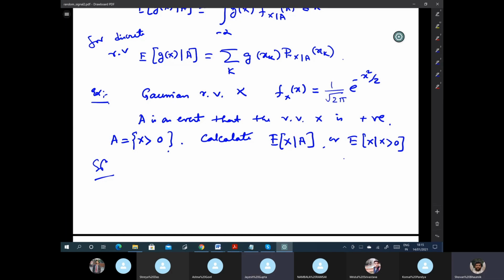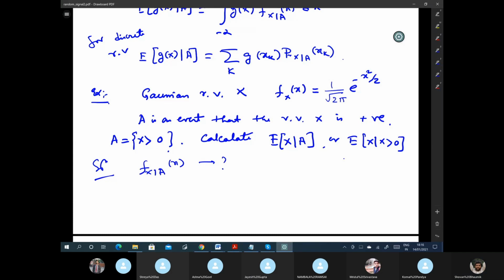To all of you, the important thing is to find the conditional PDF. Once it is done, you can directly do x into the conditional PDF, dx. So how do we find f of x given A? That is the most important thing to decide.